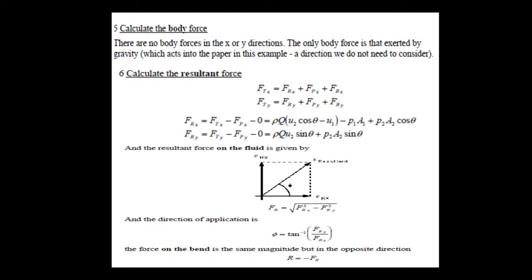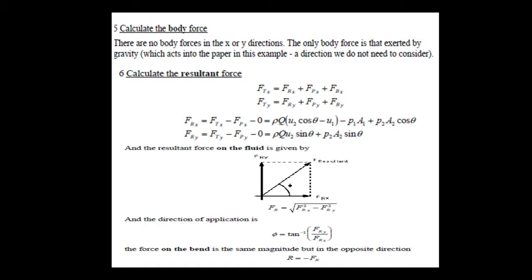Next, the last one is to find the resultant forces. In order to find the resultant forces, F of tx is equal to F of rx, the resultant force, plus F of px plus F of bx. Now applying this in the x-axis direction and y-axis direction, see the figure there.